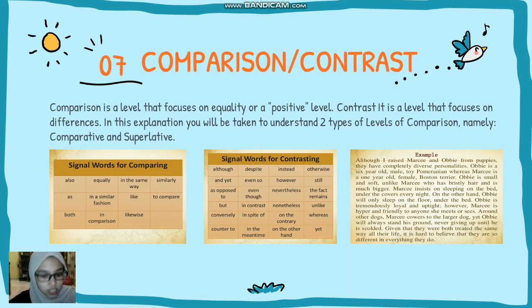In this explanation, you will be taken to understand two types of level of comparison, namely comparative and superlative. In the comparative, at the following comparison level, you must have at least two subjects.